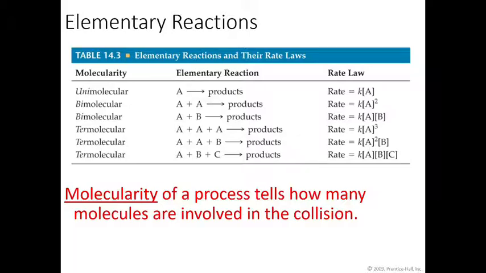So if this had been a step, as an elementary reaction, then it becomes rate equals K times NO times NO, which is the same thing as NO squared. And that's what they're showing us in symbol form on this chart. If the reaction had been A plus A, that would be like, say, 2NO, then it would be rate equals K A squared.